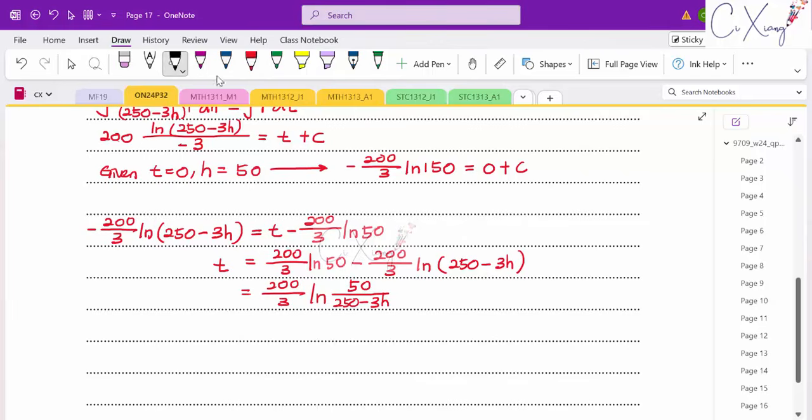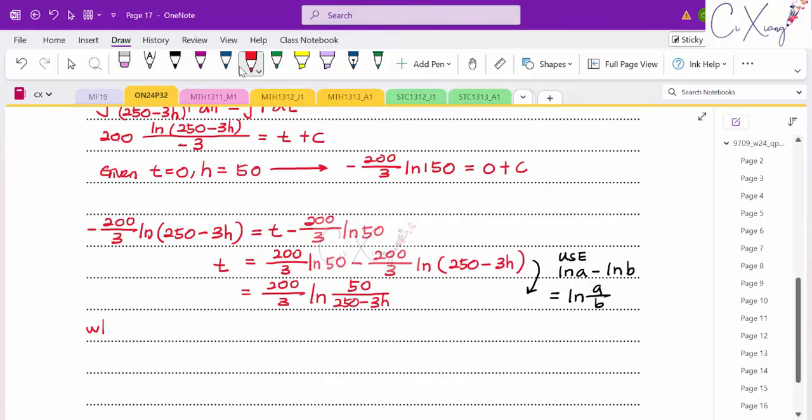From here to here, what is the rule that I'm using? I'm using the property of ln, where if I'm having ln A minus ln B, I can group them into a single ln with A divided by B. So this is what I'm doing.